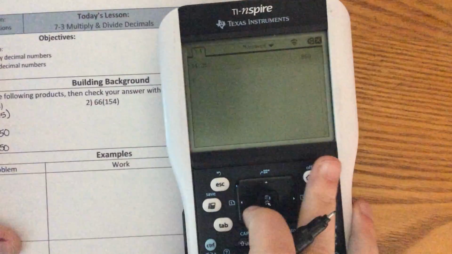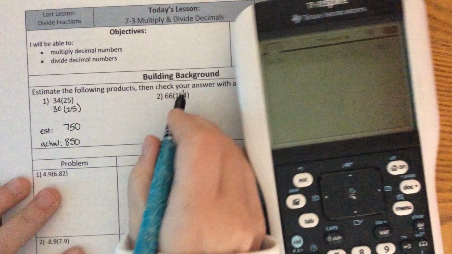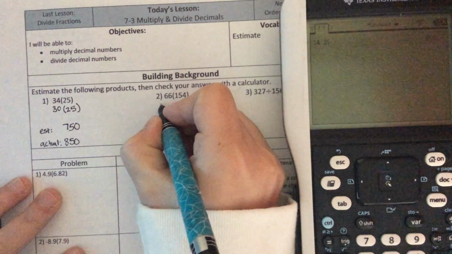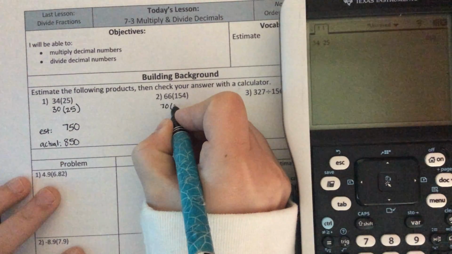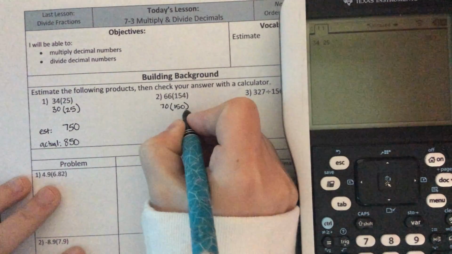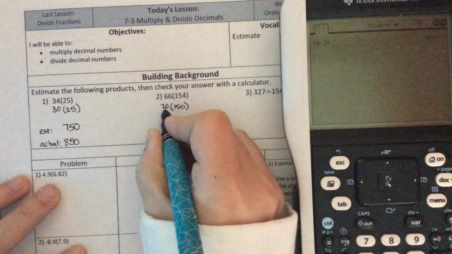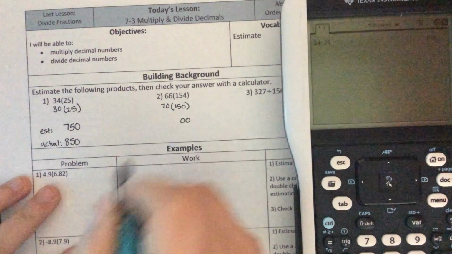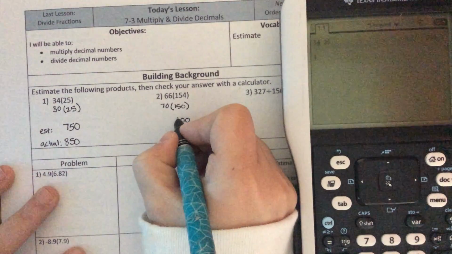Okay, so number 2, I have 66 and 154. So 66, I'm going to round that up to about 70. 154, I'm going to keep as about 150. So here I have 2 zeros, so I'm going to have 2 zeros in my answer. And then 7 times 15. So that'd be like 7 15-minute intervals, or 7 times 5 is 35.